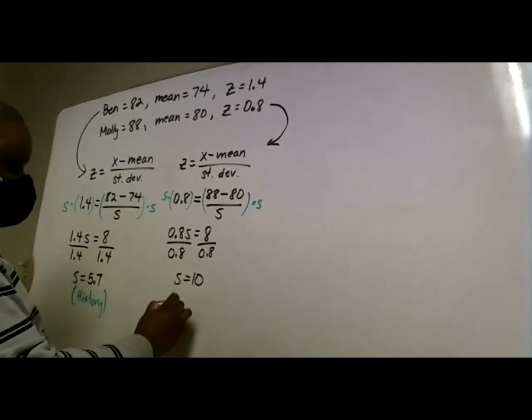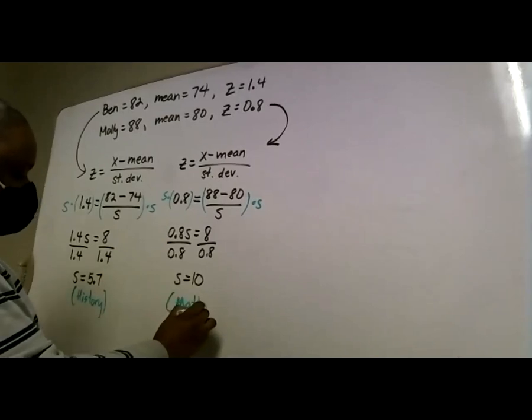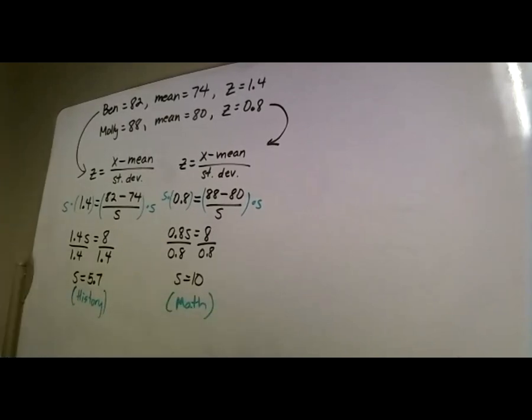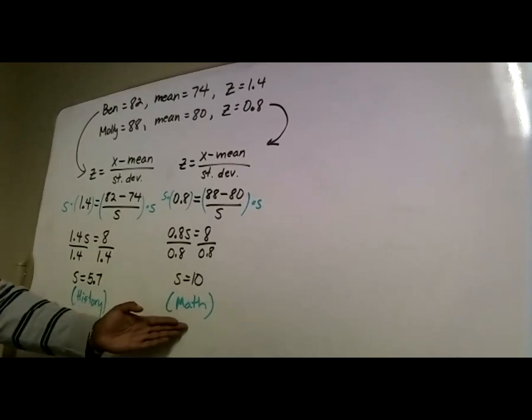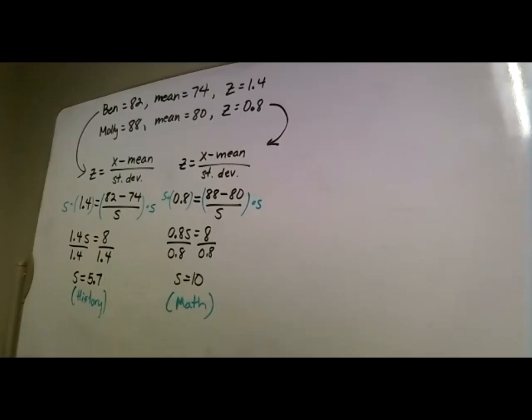And the one for the standard deviation of 10, that's for the math scores. So the one with the highest standard deviation is the one that has more variation, and it would be those math scores. Okay, so the scores on the math test had more variation. That means the data there was spread out more for those math tests than they were for the history tests.